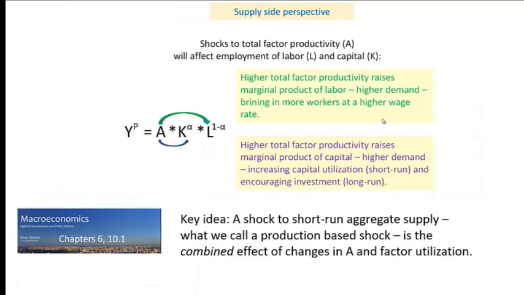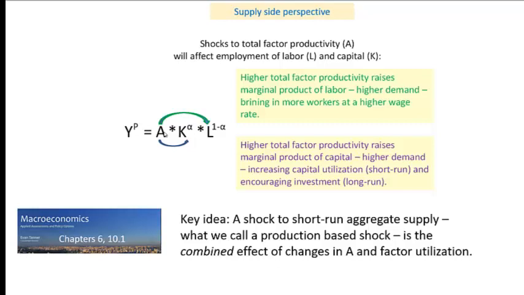There are some important interrelationships between total factor productivity, rates of capacity utilization, and labor employment/unemployment rates. For example, we may have an increase in total factor productivity. That's going to increase the marginal products of capital and labor. Regarding capital, more idle capacity will be taken off the sidelines and be used for production.